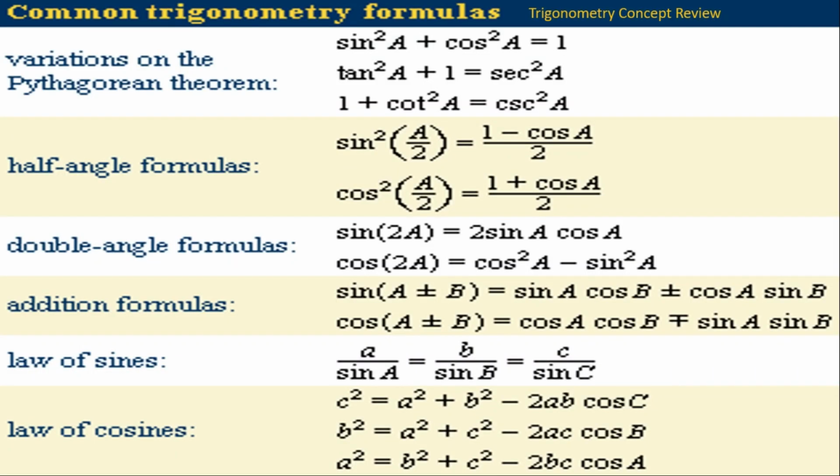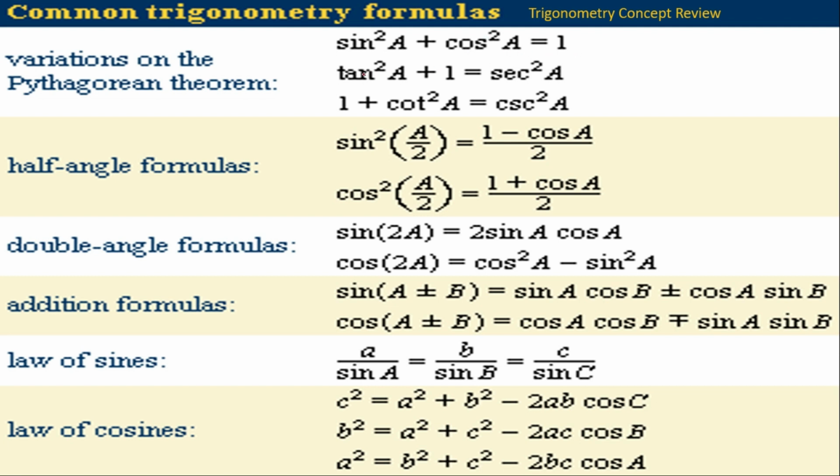Let's look at some other common trigonometric formulas or identities. So the variation on the Pythagoras theorem, the one we just looked at, we realize that sine squared A, where we represent A as theta, plus cos squared A is equal to 1. We have looked at that.